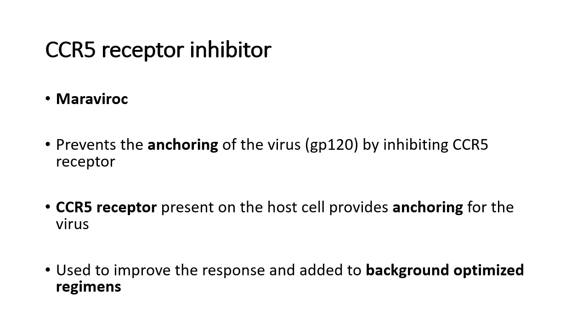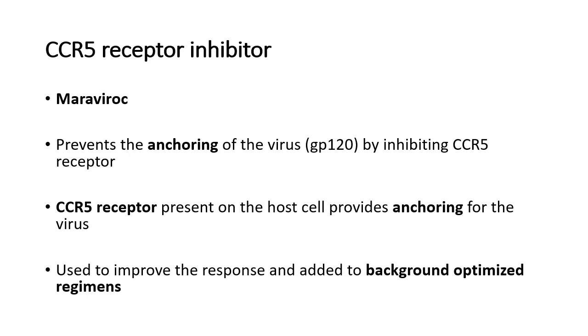So maraviroc binds to CCR5 and prevents the anchoring of the virus by GP120. So what happens is, if the virus cannot anchor onto the surface of the host cell, it cannot enter into the cell itself. So the integration, the reverse transcription, the replication of the virions cannot take place at all.